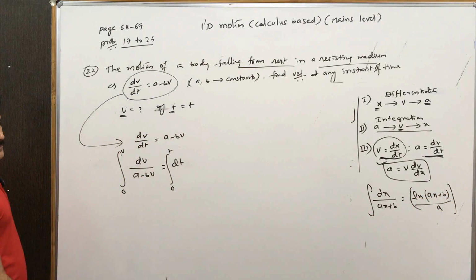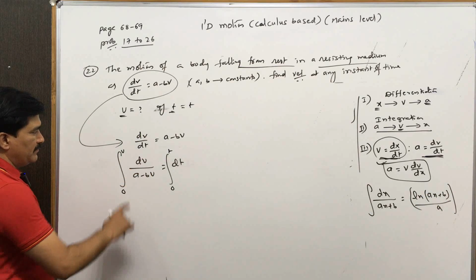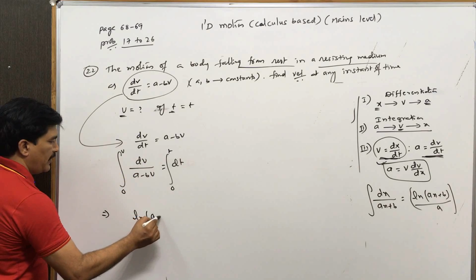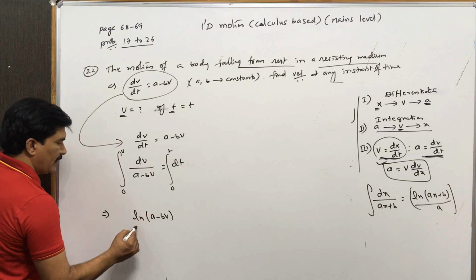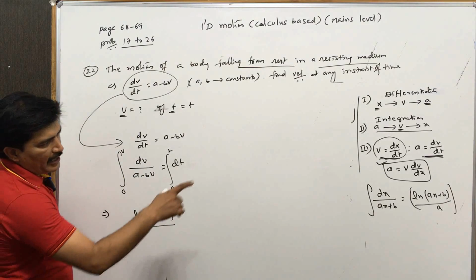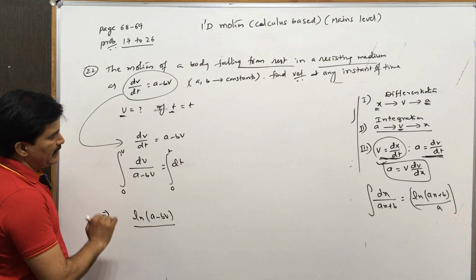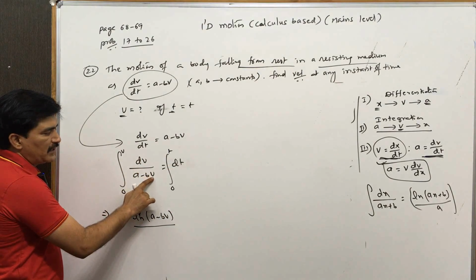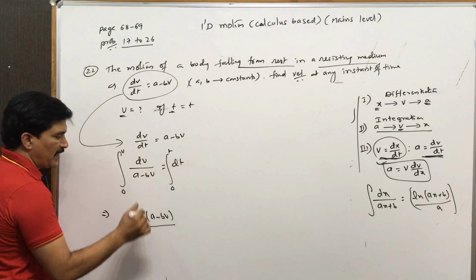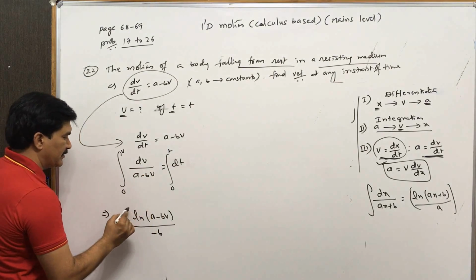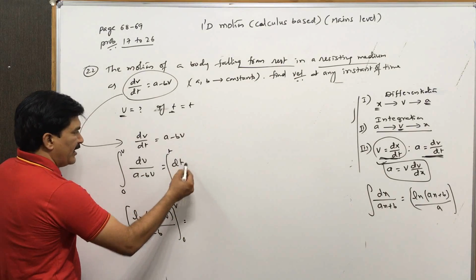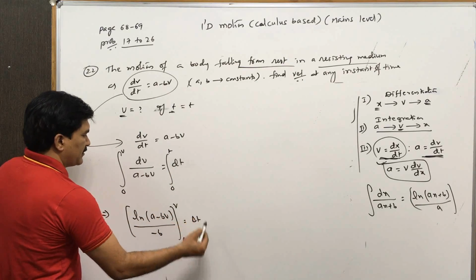By making use of that formula, this leads to log of a minus bv upon a, where a means the coefficient of x. Here in the place of x we have v, so I have to think of the coefficient of v. Here the coefficient of v is minus b, so I have to write that here, from limits 0 to v, and the integral of dt refers to delta t.